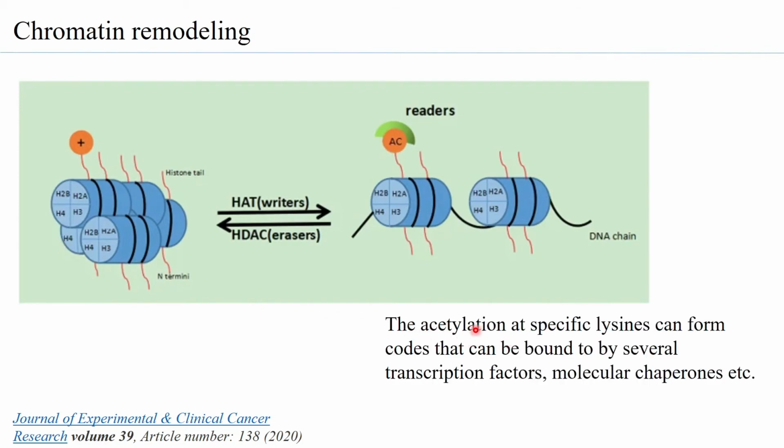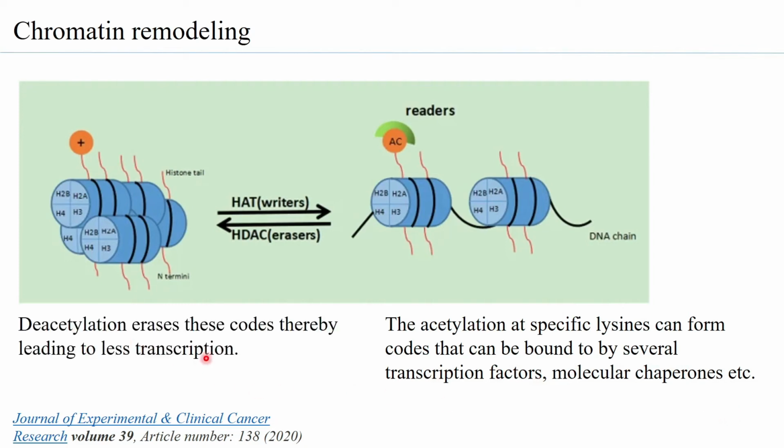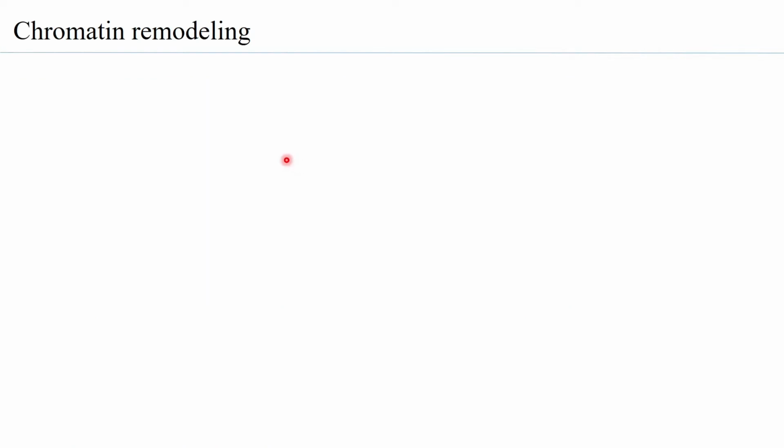So acetylation at specific lysines can form codes that can be bound by several transcription factors, molecular chaperones, etc., and you can have transcription occurring. While deacetylation erases these codes, thereby leading to less transcription. This is extremely interesting in terms of chromatin remodeling.